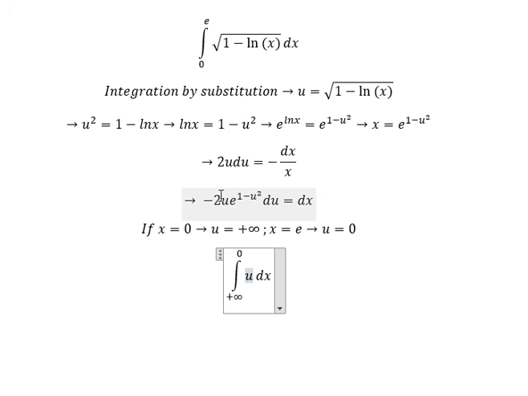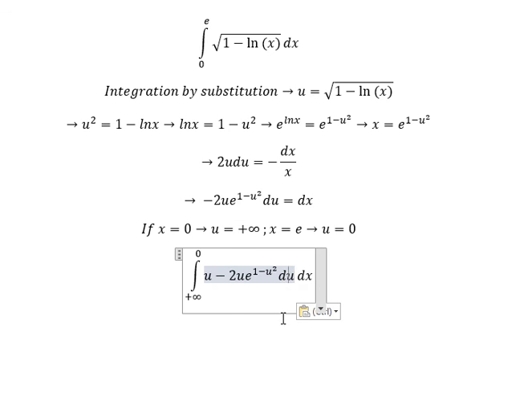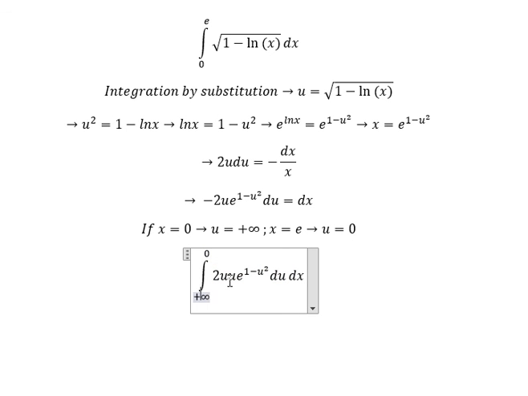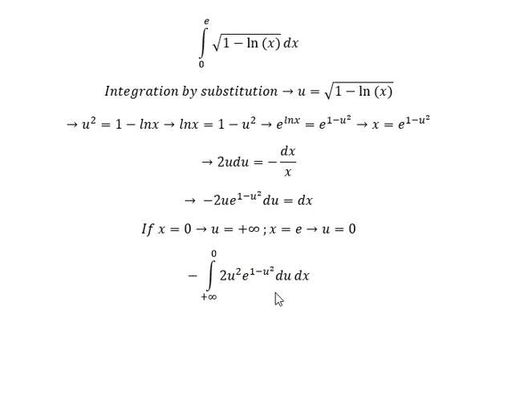So we have s, and we substitute this one. U multiplied by u gives u squared. Next, we have positive infinity, which is bigger than the number 0 here.